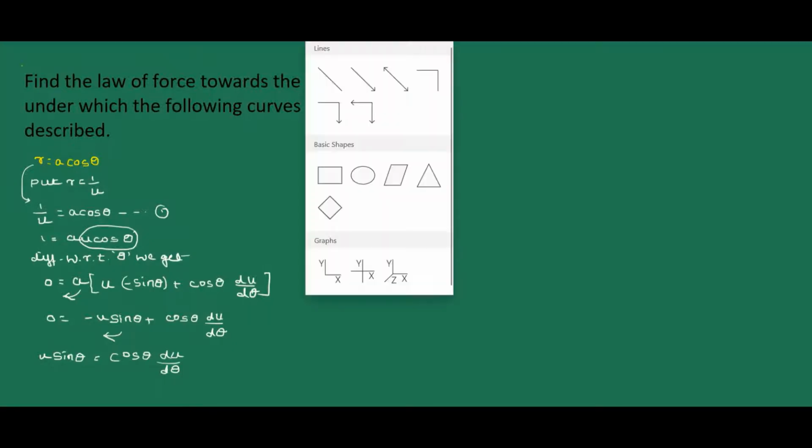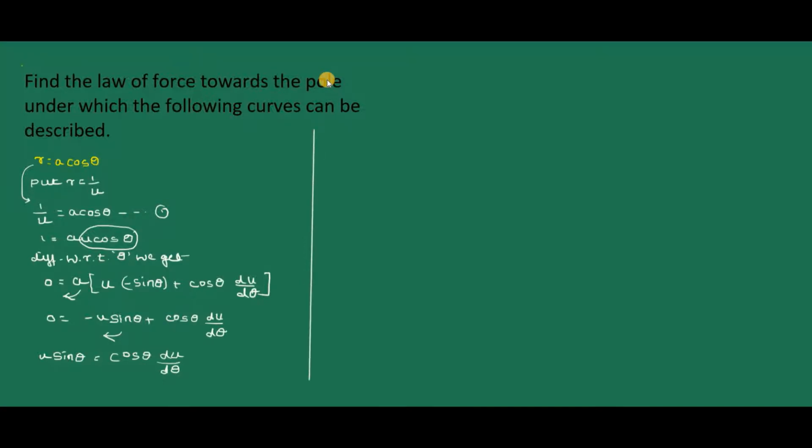So therefore du divided by d theta is equal to u sin theta divided by cos theta. So you can also write it as du divided by d theta is equal to u into tan theta. Let us say this is equation number 2.